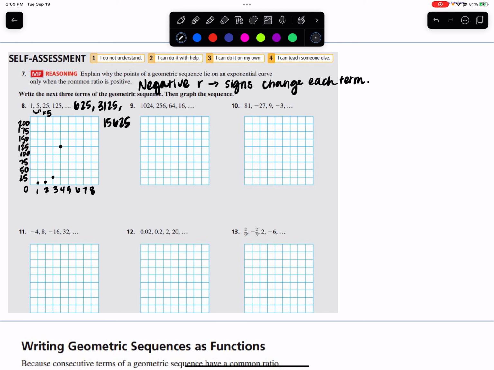All right, number 9. You should have taken 256 divided by 1024 and found that you were multiplying by 1/4 each time. So 16 times 1/4 is 4. 4 times 1/4 is 1. 1 times 1/4 is 1/4. All right, so now we're starting really, really high. We'll do 100s.